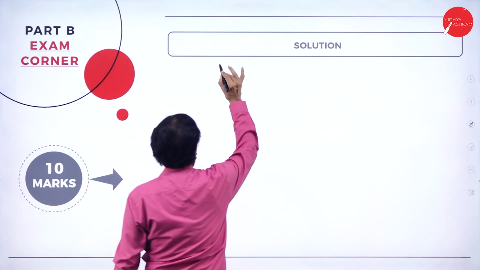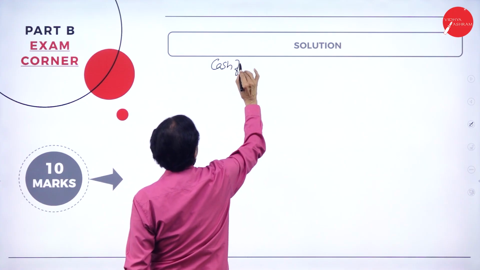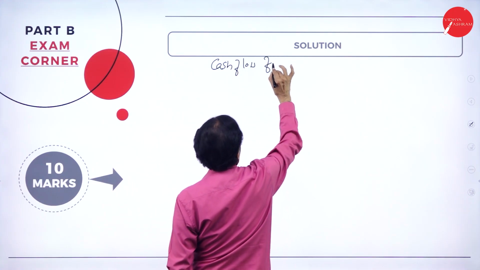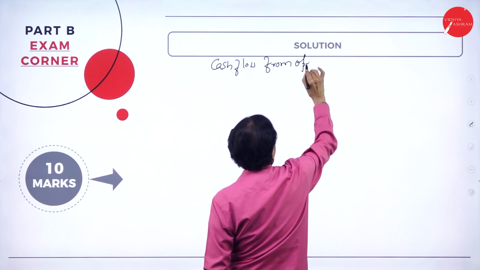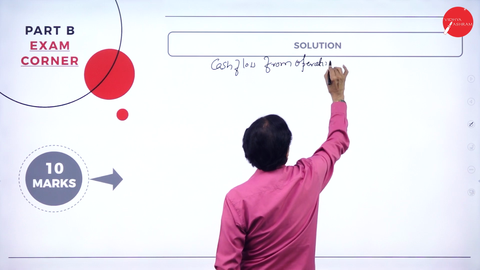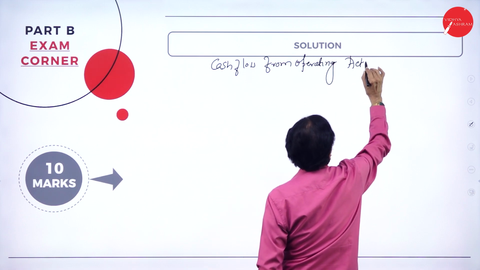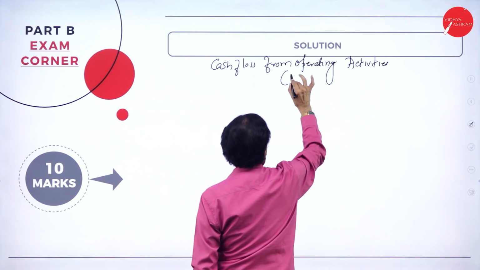Answer: cash flow from operating activities, indirect method.